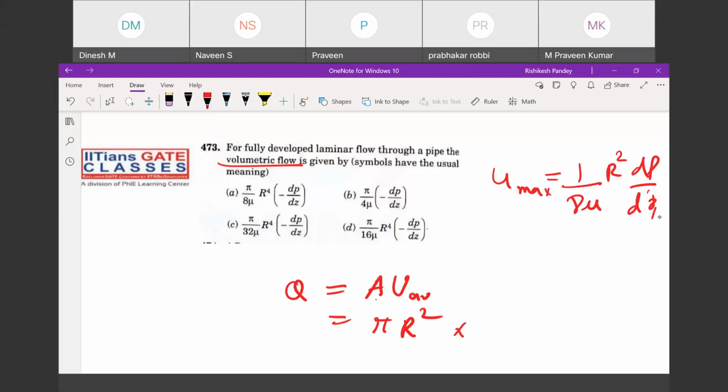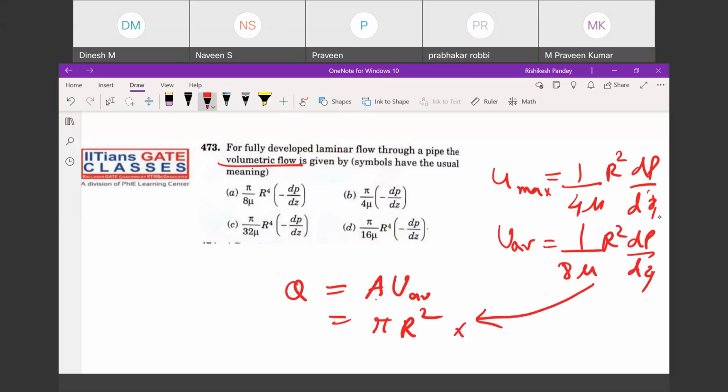The maximum velocity, no, not 8 mu, it is 1 by 4 mu. Sorry, maximum velocity is 1 by 4 mu. Average velocity will be half of this, so 1 by 8 mu, r square dp by dz.